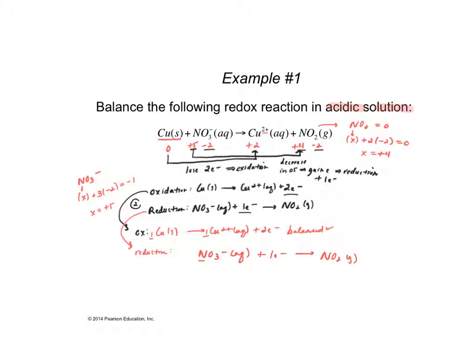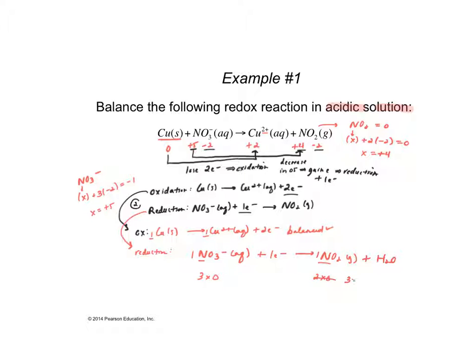So the only thing to balance there would be nitrogen and nitrogen. There's a 1 and a 1, so we're good here. We're then going to balance oxygen by adding water. So on the reactant side, we have 3 oxygens, whereas on the product side, we only have 2 oxygens. And so to balance the oxygens, I'm going to add a water over here.